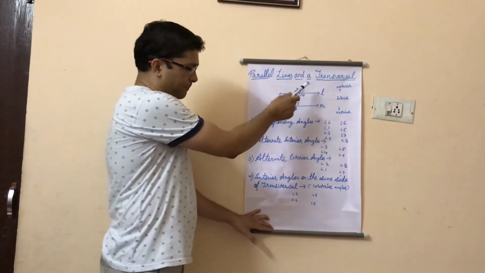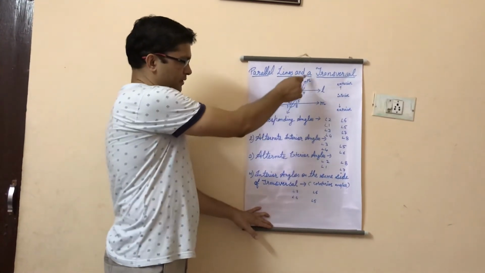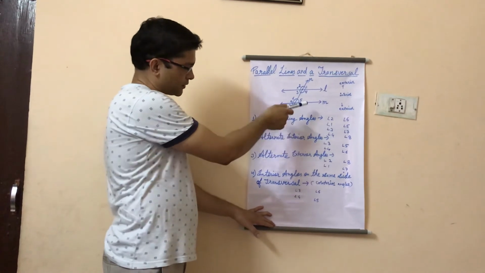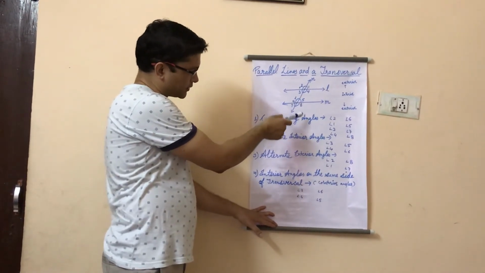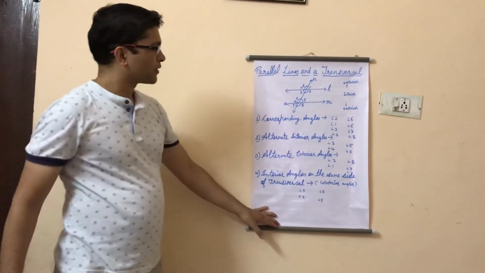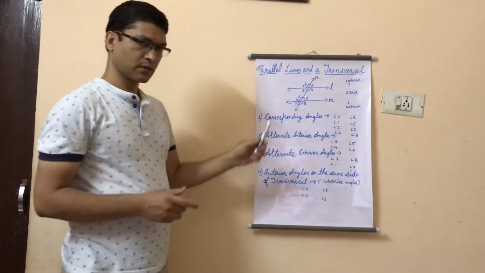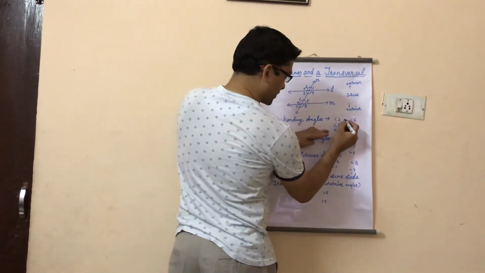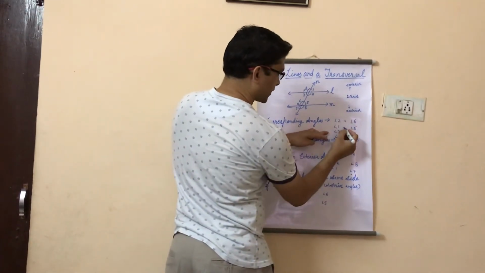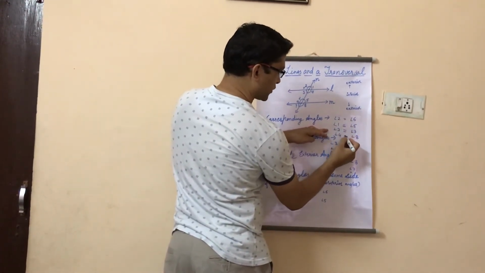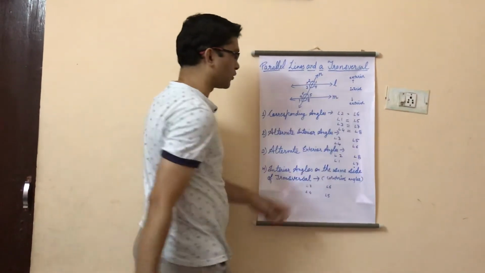Now when parallel lines are intersected by a transversal, there are certain relations in these angles. First is that the corresponding angles are equal. So angle 2 and 6 are equal, angle 1 and 5 are equal, angle 3 and 7 are equal, and angle 4 and angle 8 are also equal.